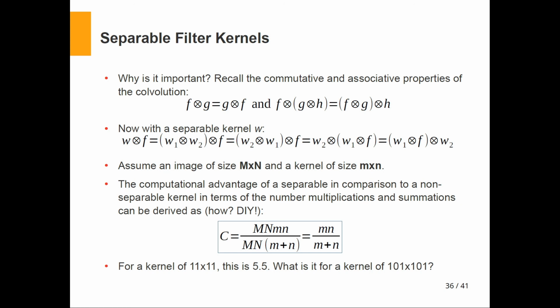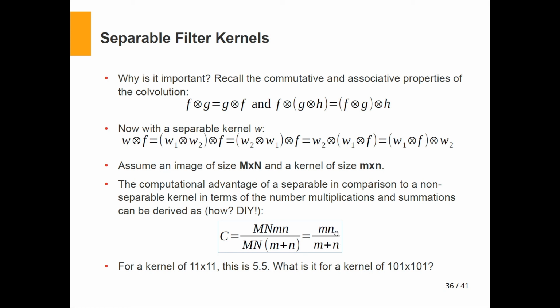Generally speaking, the computational advantage of a separable kernel in comparison to a non-separable kernel, in terms of the number of multiplications and summations, can be derived as this ratio. If the kernel is non-separable, we have m by n by m by n calculations, multiplications and additions. But if it's separable, this number is reduced significantly.